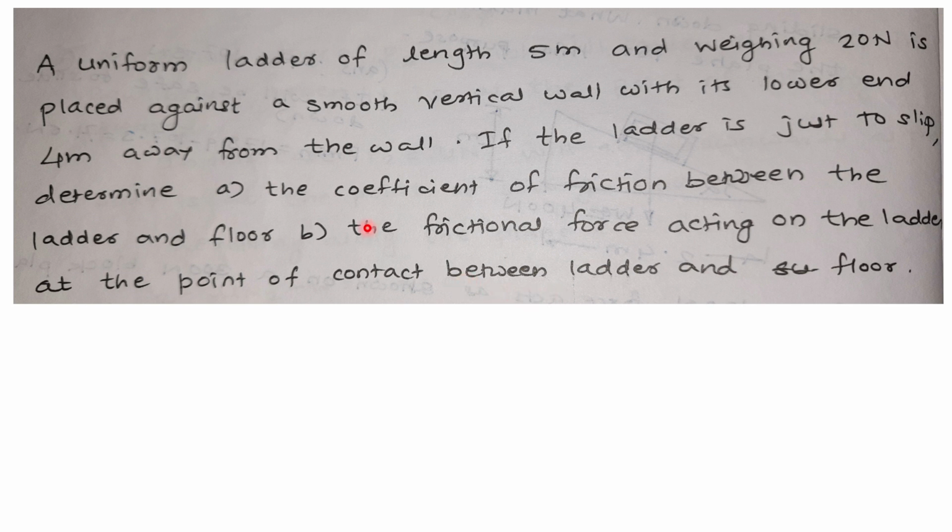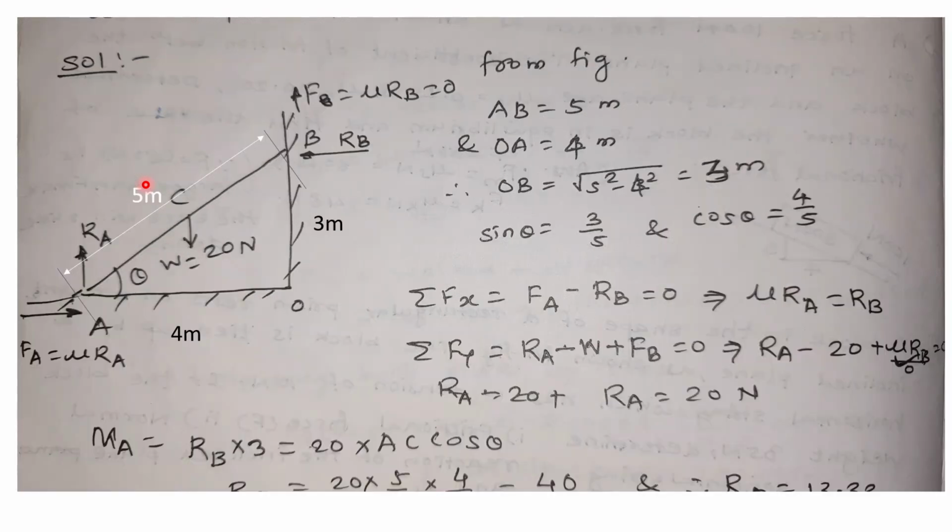Now, while reading the problem, always read it carefully. In this problem, instead of giving the value of theta directly, the length and the distance from the wall are given. So we need to draw the free body diagram before solving the problem. It makes our work easy. The 5 meter is the length of the ladder, and the weight acts through its CG, center of gravity.